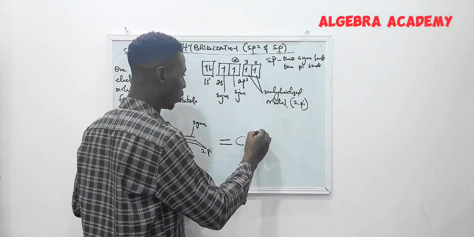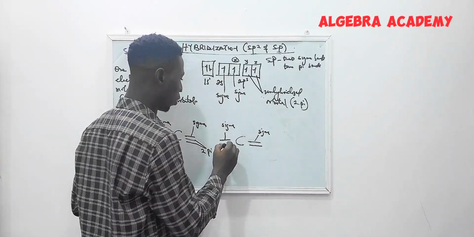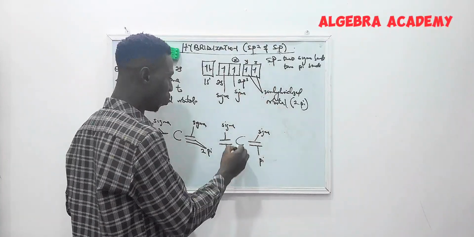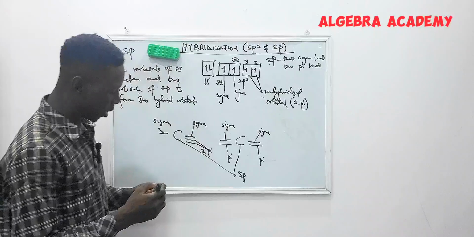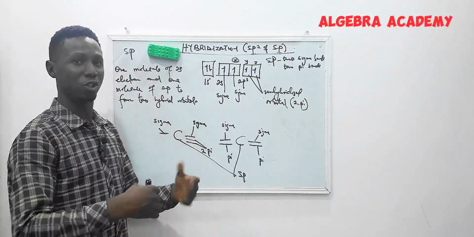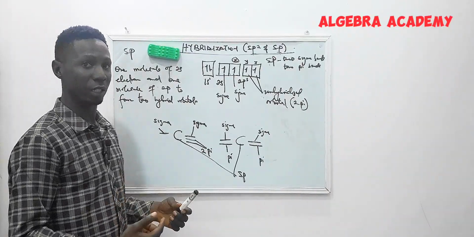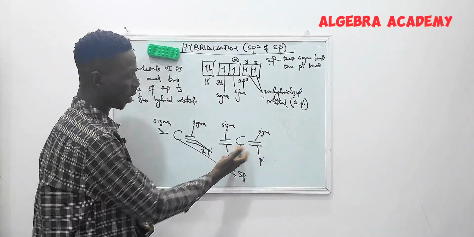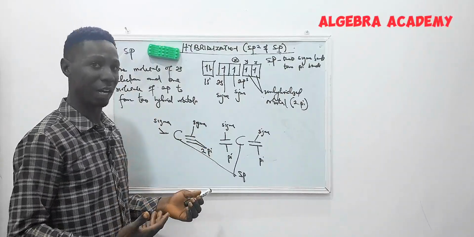It means we have sigma, another sigma, pi, another pi. 2 sigma, 2 pi. So both carbons here are sp hybridized. This is as against what people say, that any compound that has a double bond is sp2. No, it is not every carbon that carries a double bond that is sp2. Look at this carbon now, it carries double bonds, but it is still sp, depending on the number of double bonds you have on that carbon.